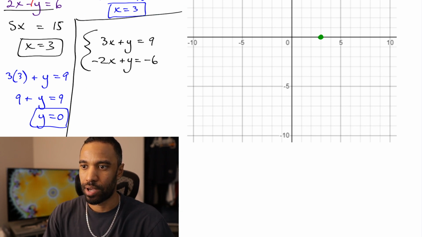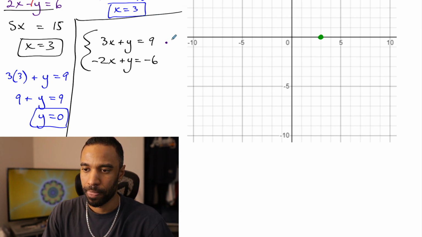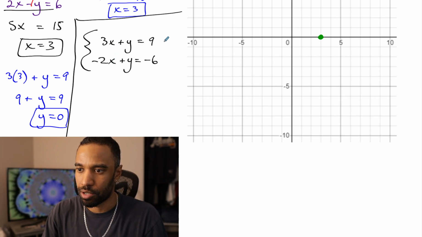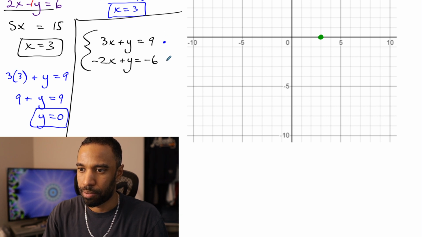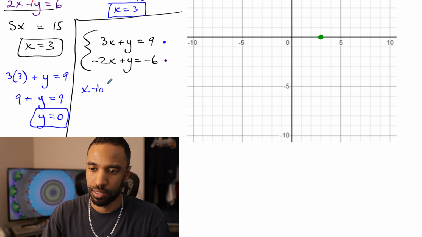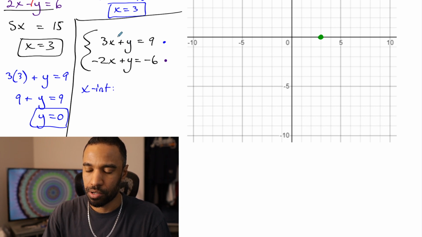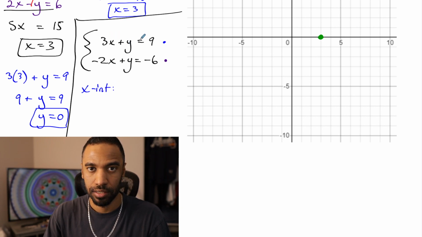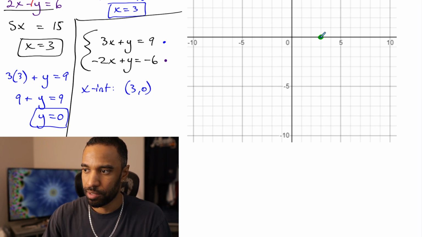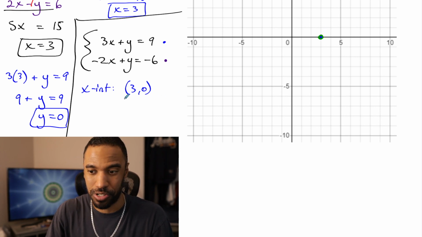So in the top equation, which I'll do in blue, following along with what I was doing earlier, the x-intercept: set y equal to 0. I get 3x equals 9. Divide by 3, I get x equals 3. So 3, 0 there. And that's this point, which of course is the solution to the whole thing.